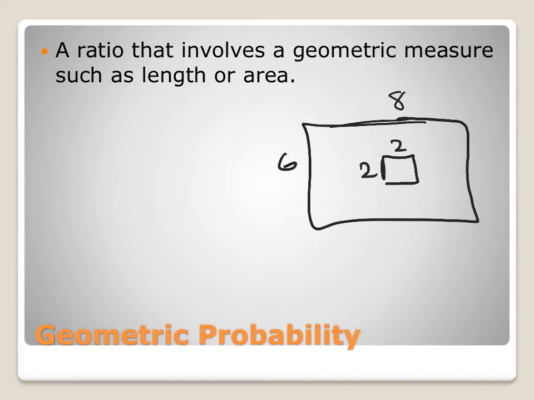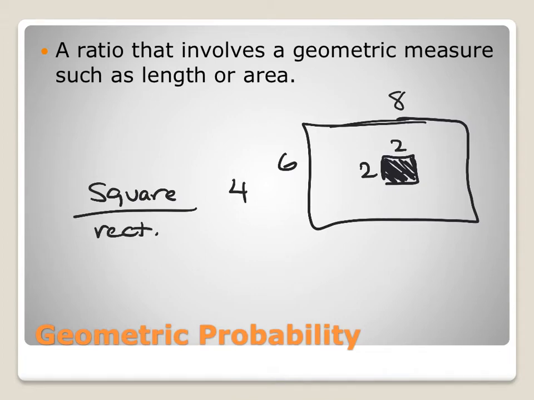So if I ask you to find the probability of, say, a dart landing in the small square, you would find the area of the square over the area of the whole rectangle. So the area of the square would be 2 times 2. The area of the rectangle would be 6 times 8. And then you simplify the fraction, and it would be 1/12. So this is what we're going to be doing. We're going to be finding the area of the shape we're aiming for over the total area of everything.